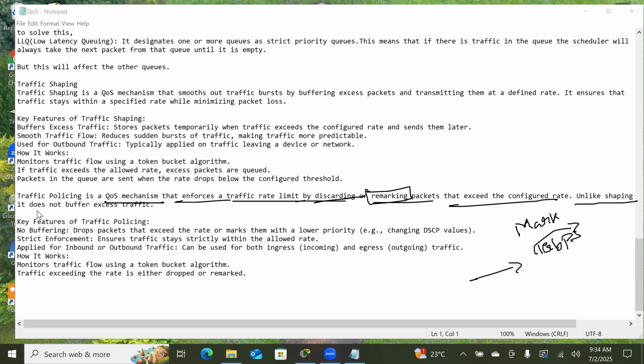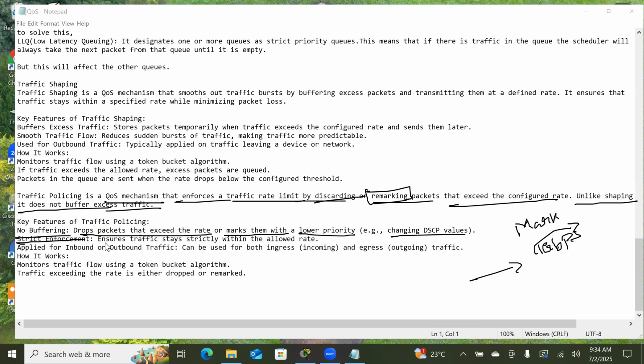Unlike shaping, it does not buffer excess traffic. What we have seen in shaping is that it will queue or buffer the excess data, but policing doesn't do that. So no buffering takes place here. It's going to drop the packets that exceed the data rate or mark them with a lower priority, for example, changing the DSCP or PCP values.